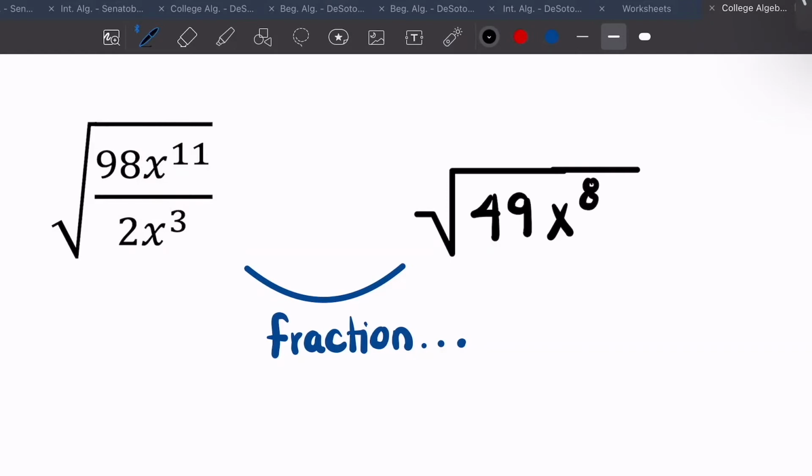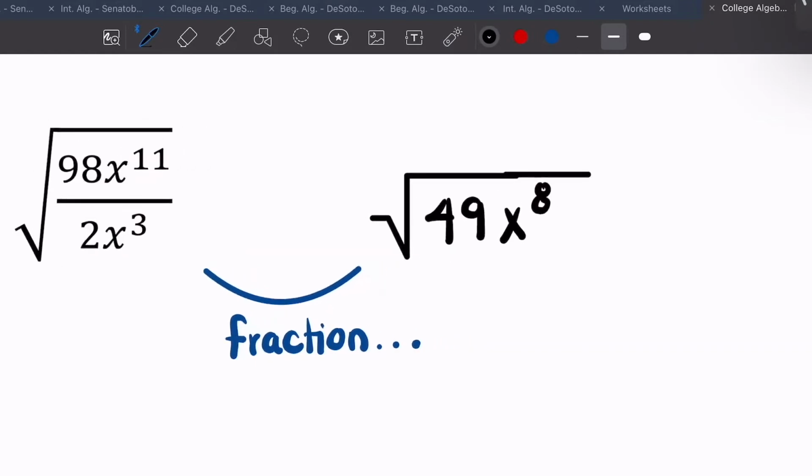All right, do you guys see that I just dealt solely with my fraction? I didn't deal with my square root at all. At all. And we can make a note what we did with our exponents. We were dividing our exponents.